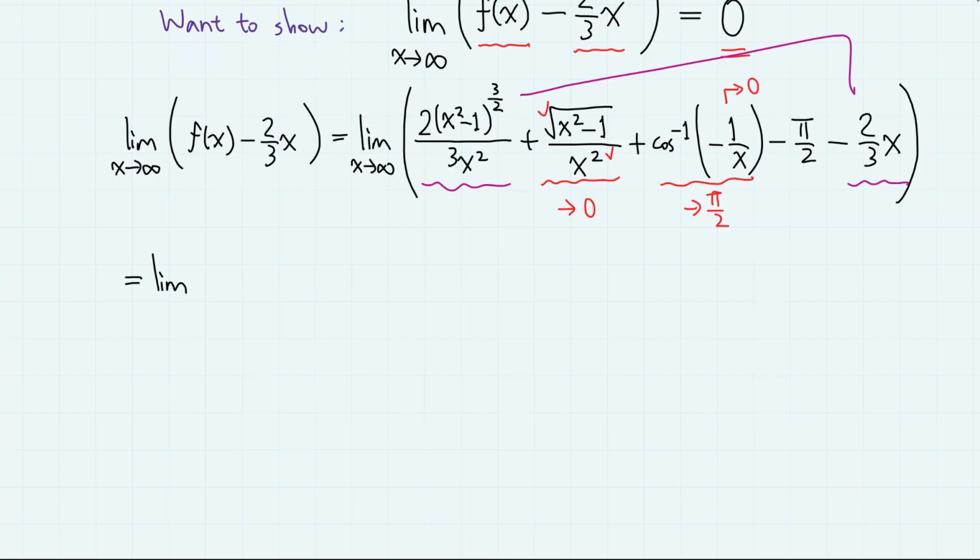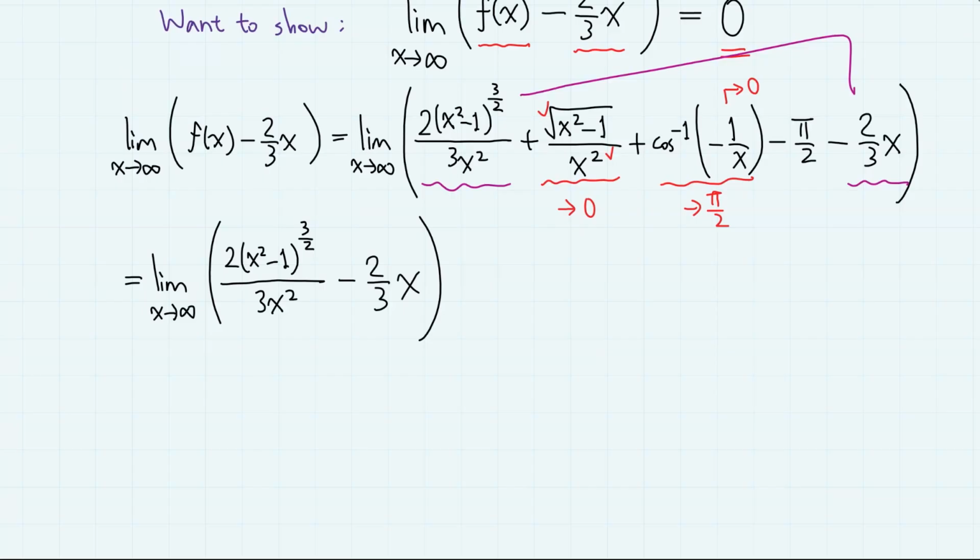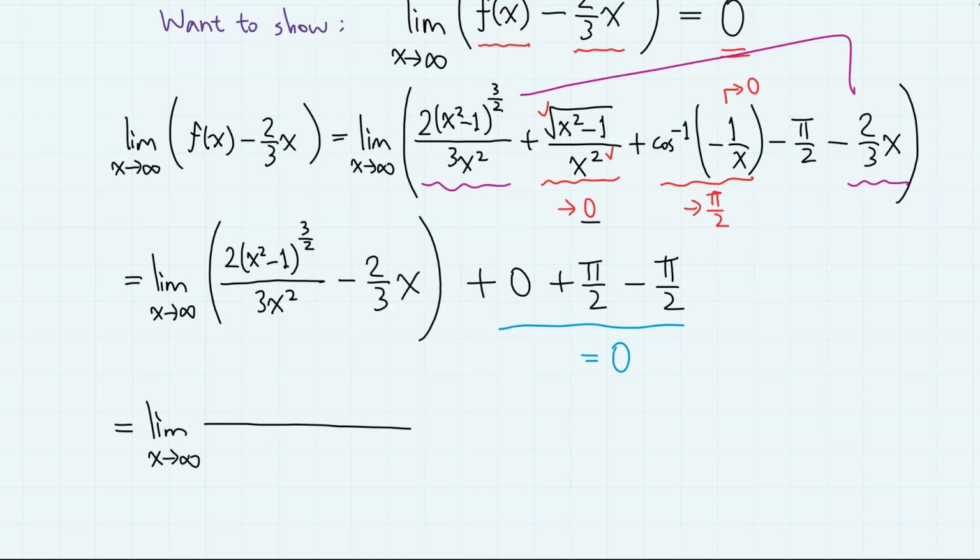So we write the limit of first and last terms, which is this, and the limits of the other terms are 0 plus pi over 2 minus pi over 2. Hence 0. Therefore, we only have the limit of, this can be written as 2 times x squared minus 1 to the power of 3 over 2 minus x cubed divided by 3x squared.